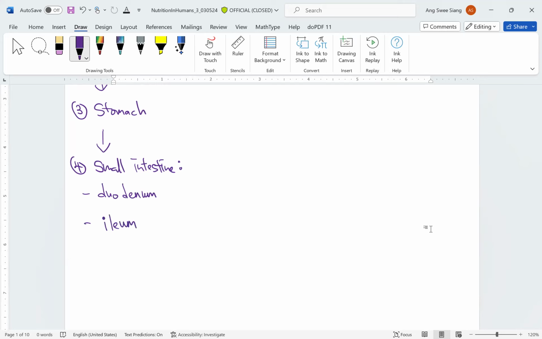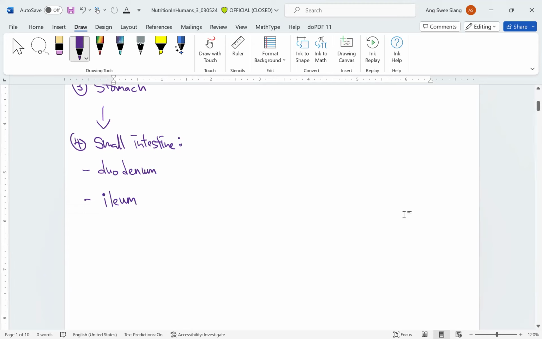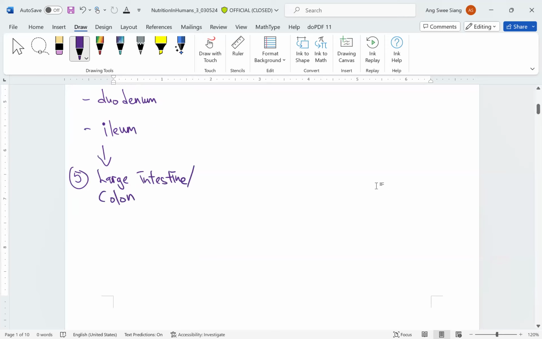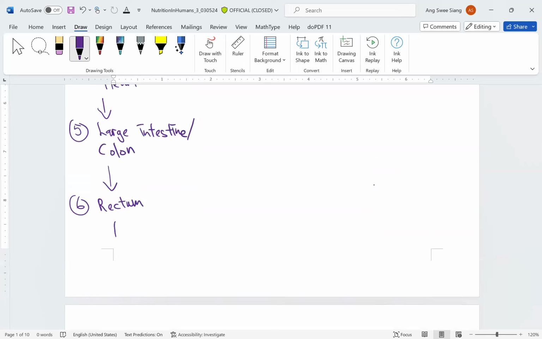Then it goes to the large intestine or colon, then the rectum, and then it will move out of the body via the anus.